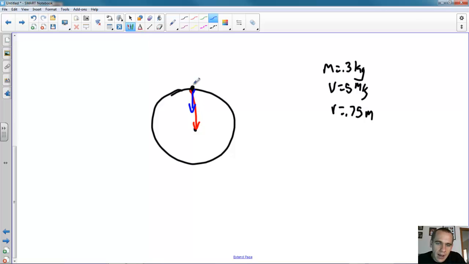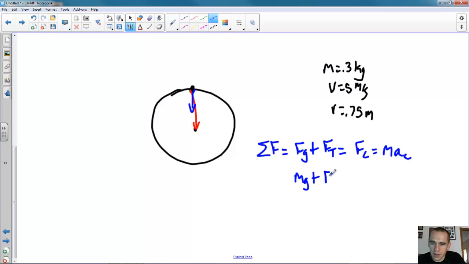It still pulls down, so those two forces now are going in the same direction. So now the net force is Fg plus Ft, and that has to equal the centripetal force, which of course is m times centripetal acceleration. So Fg is still mg, Ft is whatever Ft is, and this equals the centripetal force, mv squared over r.